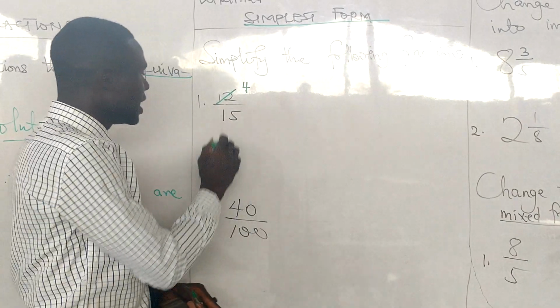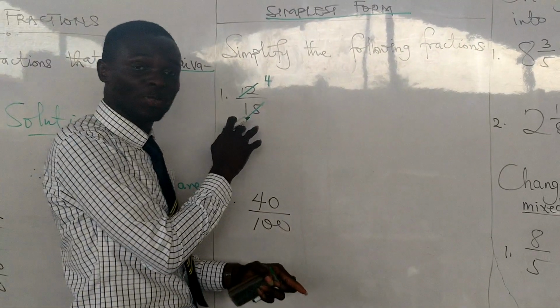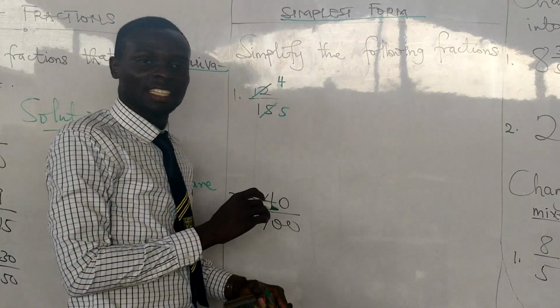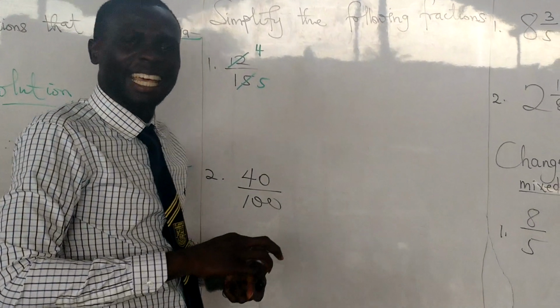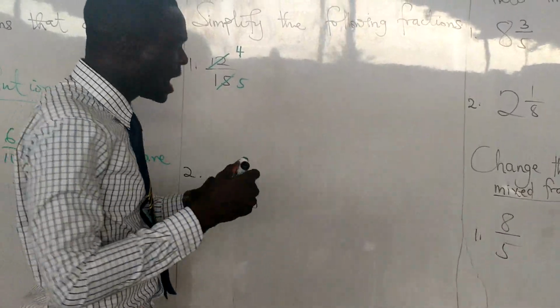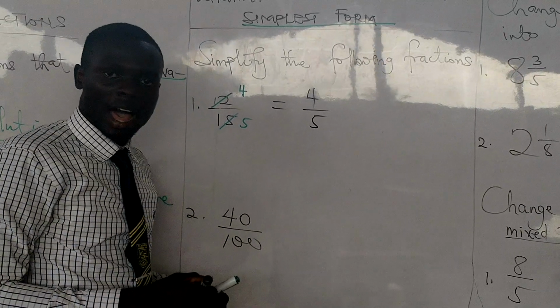It means 3 will go into 15 5 times. So 12 over 15 in its lowest term is going to give me 4 over 5.